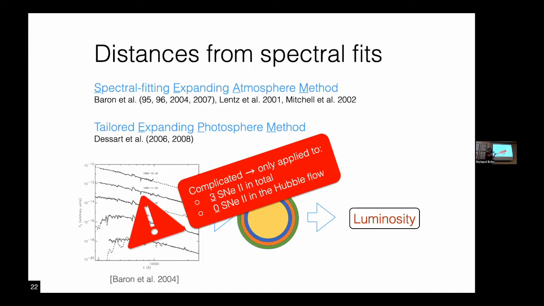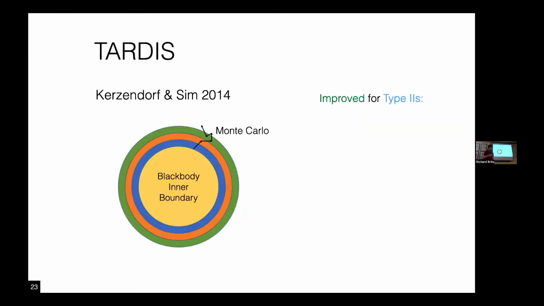All of them were nearby objects with very good data sets where you could play this game. So none of them are in the Hubble flow, and nothing of that can be used for cosmology at the moment. And we want to do exactly that: apply this method to a cosmological sample in the Hubble flow.